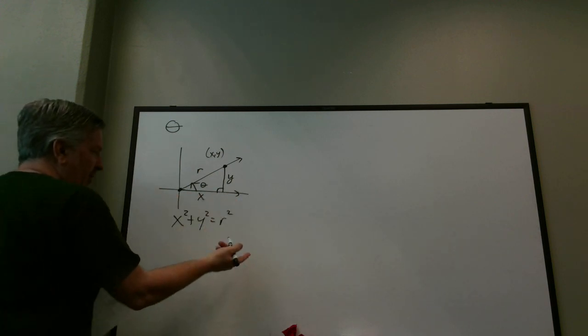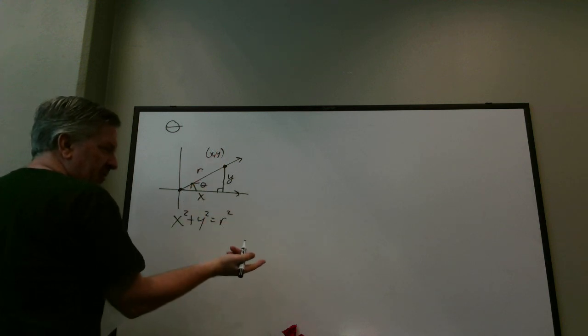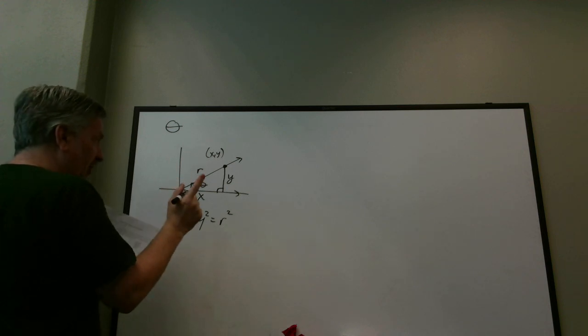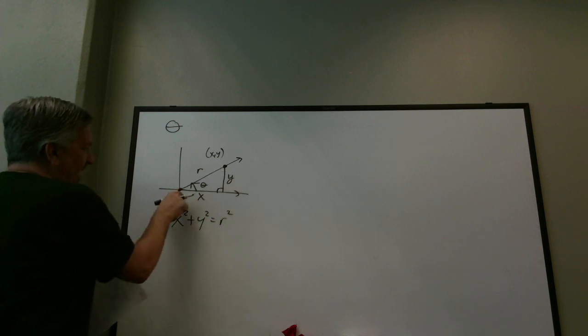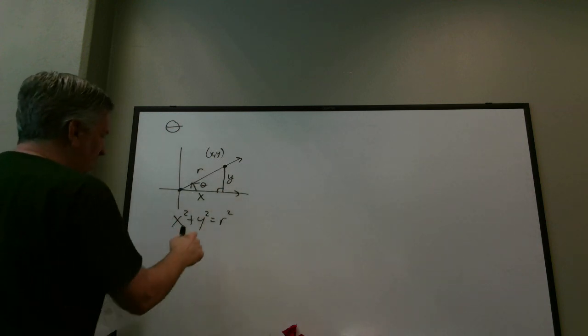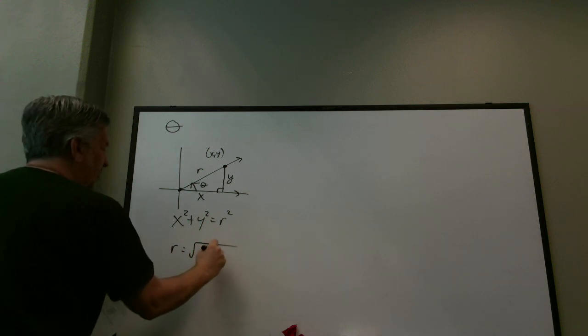And I'm going to take the square root of both sides. When you introduce a square root, you normally take plus or minus, but r is positive, right? I added that in parentheses in the notes, so r is greater than 0. Why is that? r is the distance, and this point cannot be the origin, so there has to be some positive distance there. So r is the square root of x squared plus y squared.